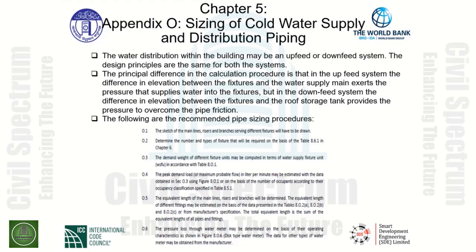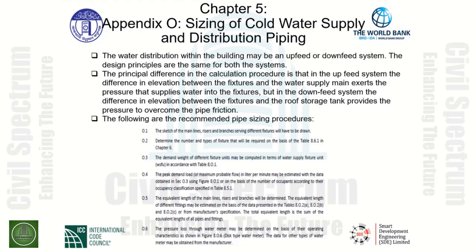In item 0.5, the equivalent length of the main lines, risers, and branches will be determined. The equivalent length of different fittings may be estimated on the basis of the data presented in the tables as follows. Table 8.0.2a, Table 8.0.2b, and Table 8.0.2c, or from manufacturer's specification.